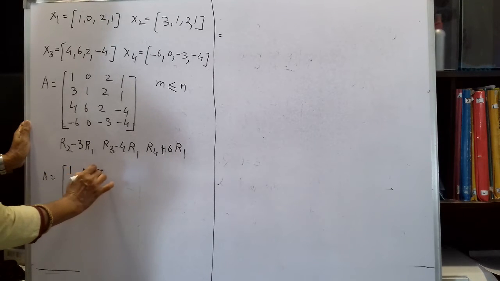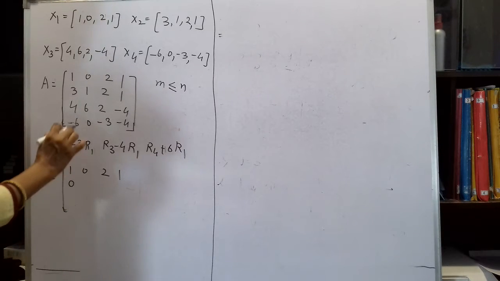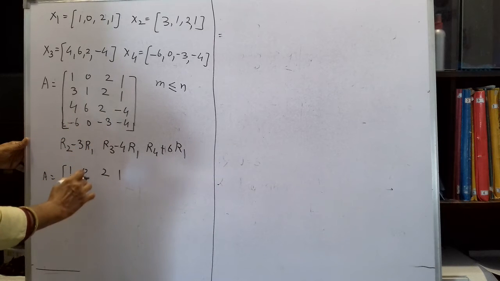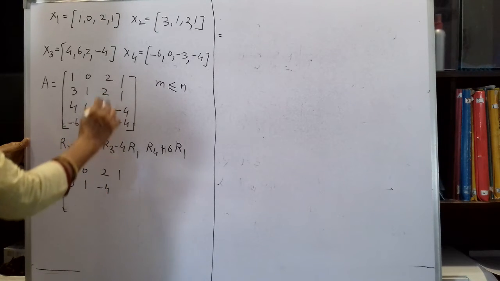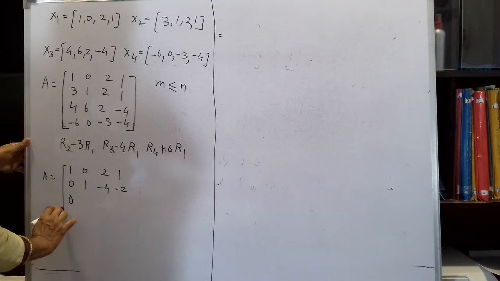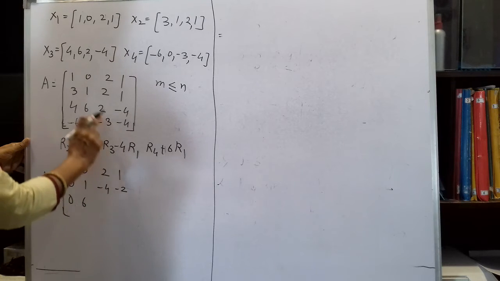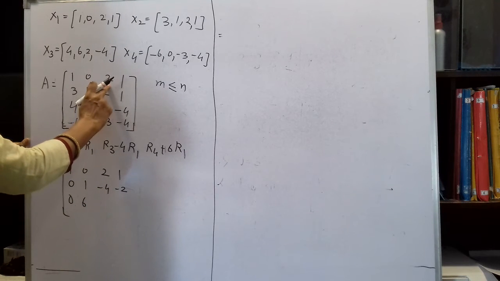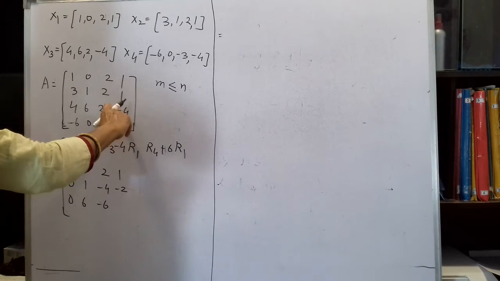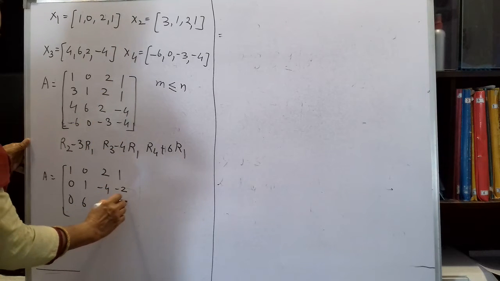1 0 2 1. Here we will get 0, then 1, minus 4, minus 2, because 2 minus 6 is minus 4 and 1 minus 3 is minus 2. Then here it is 0, because 4 minus 4 is 0, 6 का 6 ही आएगा. 2 minus 8, that is minus 6, and minus 4 minus 4, that is minus 8.